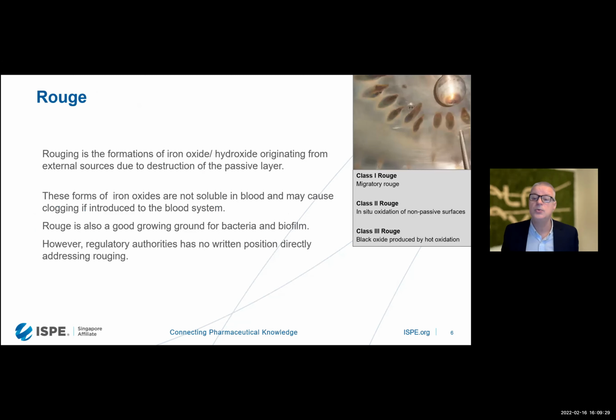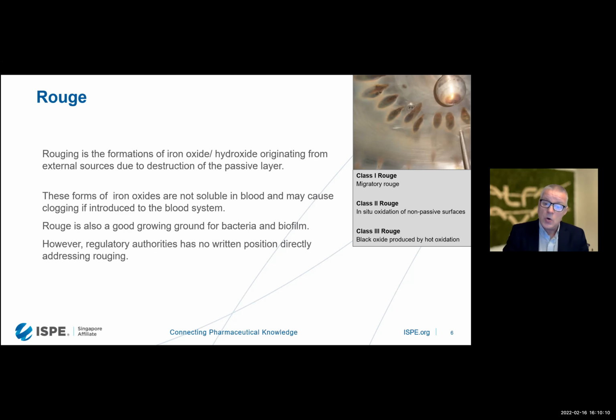But let's go to rouge and talk about what it is, and later on the different classes and how we can avoid it. Rouge is the formation of iron oxide or hydroxide, originating from typically external sources due to destruction of the passive layer. And I will show how it actually is generated later on. The forms of iron oxide, unfortunately, are not soluble in the blood, and therefore they may cause clogging if you inject rouge particles into your blood system.